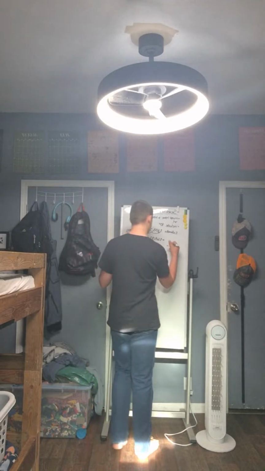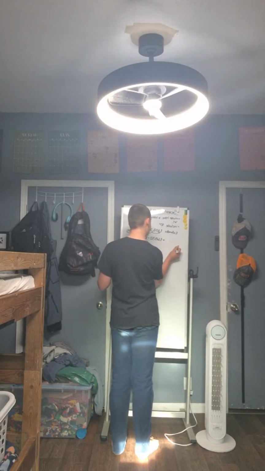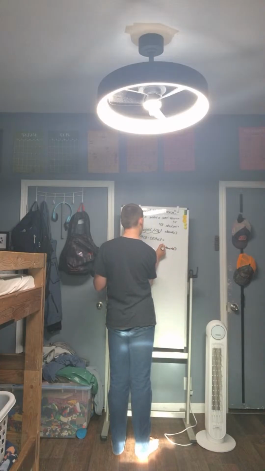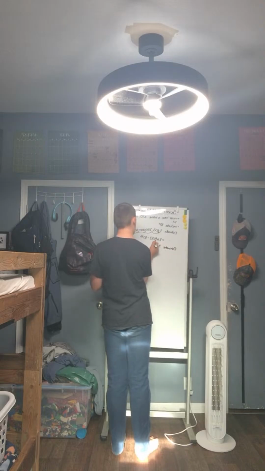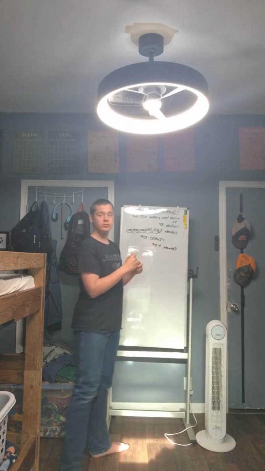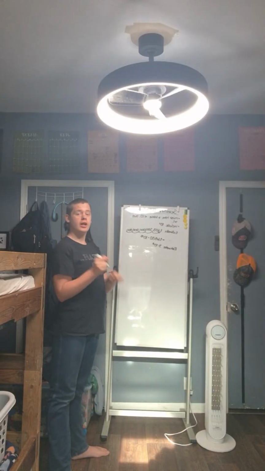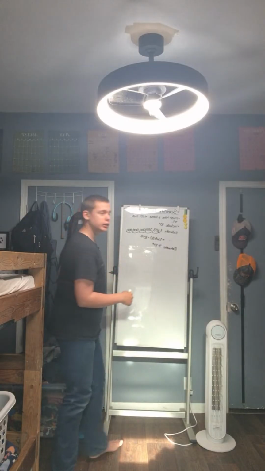Here's a number that's already in scientific notation. Estimate 3 times 10 to the power of 8. So I calculate how many zeros it has.